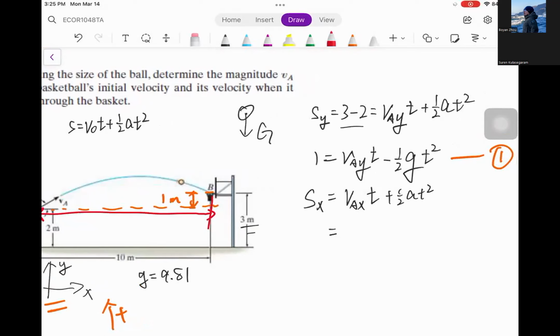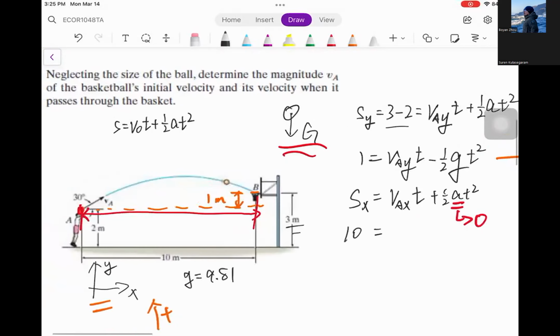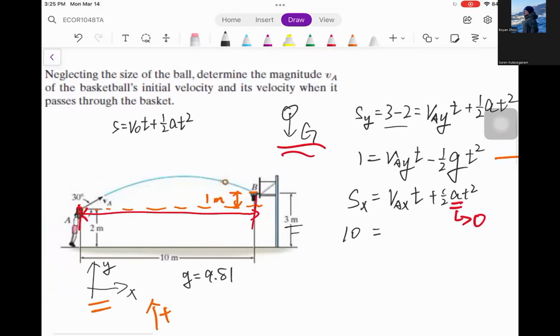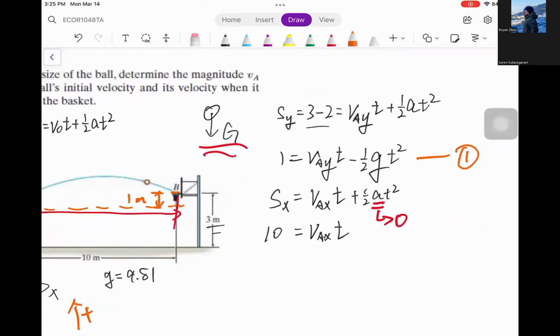Since we only have the acceleration in the vertical direction, from gravity, in the horizontal direction the acceleration is 0. So this equation is just going to be 10 meter, from A to B, the horizontal distance, is equal to VAX times T. So now we have our second equation.